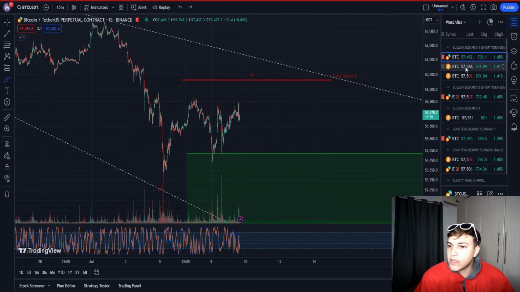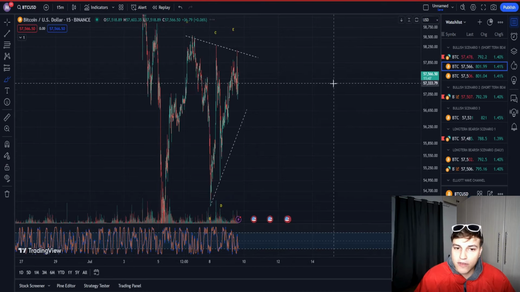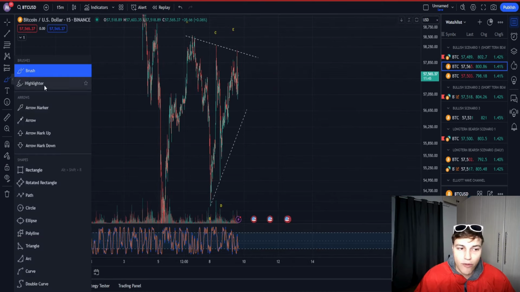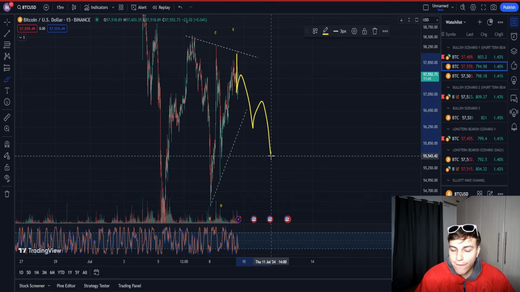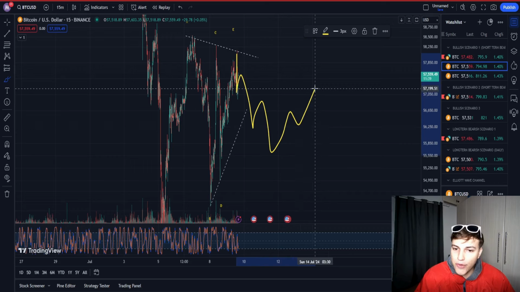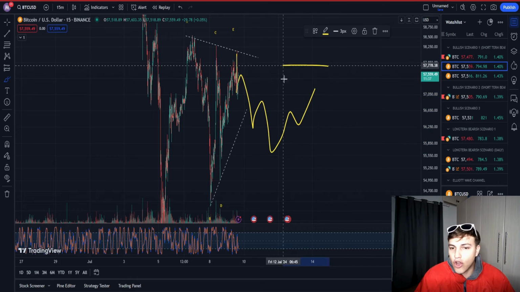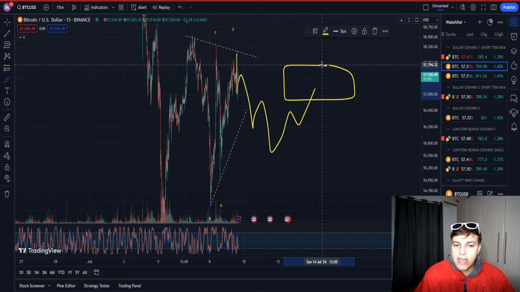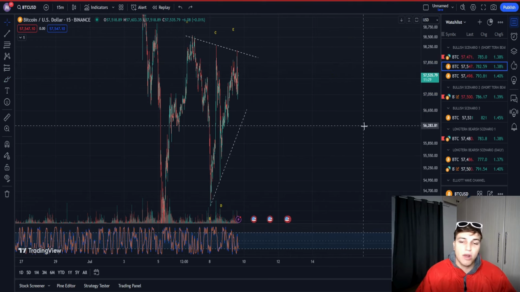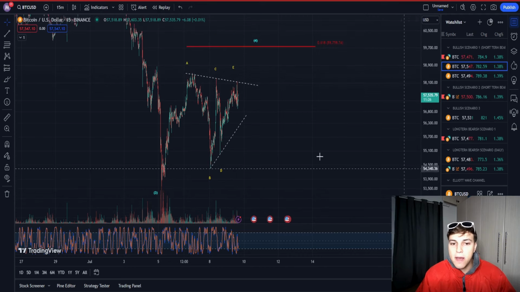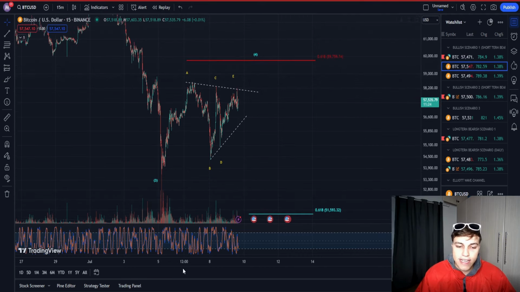If we start seeing impulsive structures to the downside, finishing a wave 1, 2, 3, 4, 5, and then having a 3-wave retracement, you could target that box. This will probably only happen tomorrow, and that will be in our trade scenarios tomorrow if price does play out like that. But that is all for today's video.